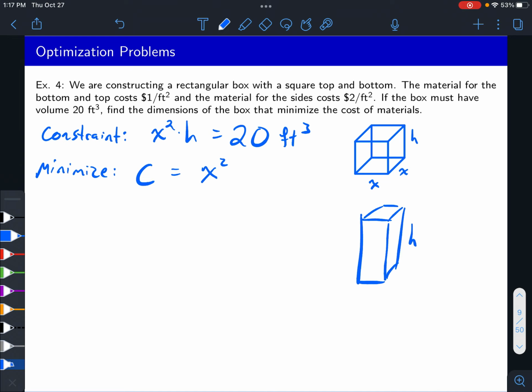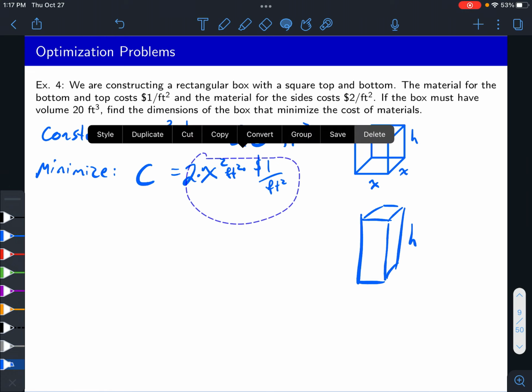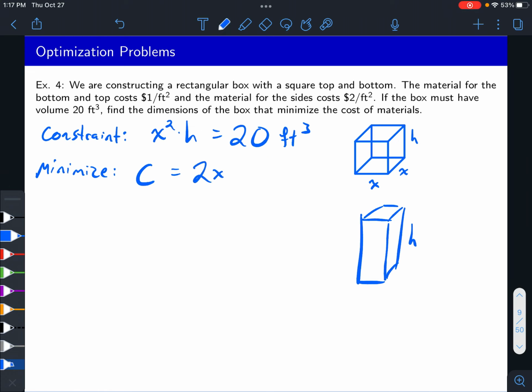So we have x squared times $1 per square foot, and then we have 2 of those for the top and the bottom. I'm really just going to say we have 2 times x squared times 1. So that's our cost for the top and the bottom combined.